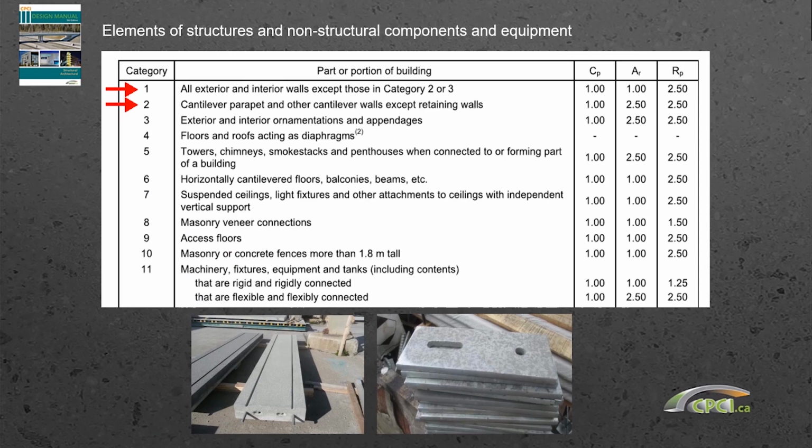But in general, I feel precast would fall under the exterior walls, or if you had something near the top where it might be a cantilevered parapet, you can use your engineering judgment for the type of elements that you're looking at as far as which category goes to determine your coefficients and factors to be used in your equations, so that really hasn't changed.